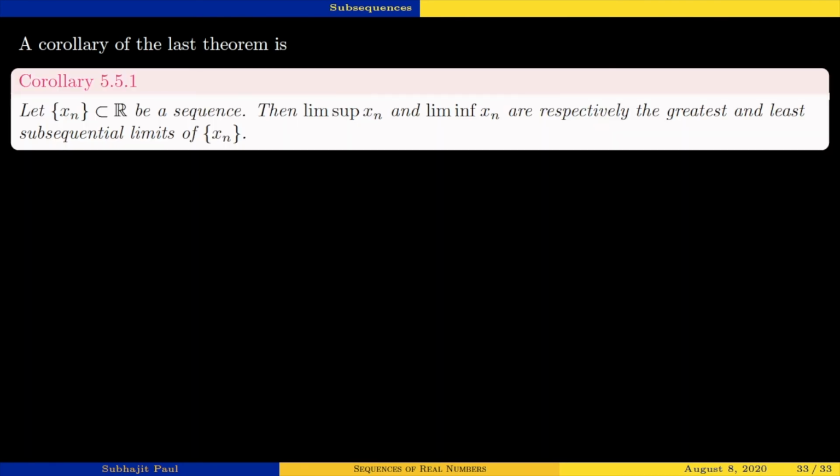Fine. A corollary to the last theorem: xn is a real sequence, and lim_sup and lim_inf are respectively the greatest and least subsequential limits of xn. Now, what do I mean by this? Lim_sup and lim_inf were primarily defined as the supremum and infimum of all subsequential limits.